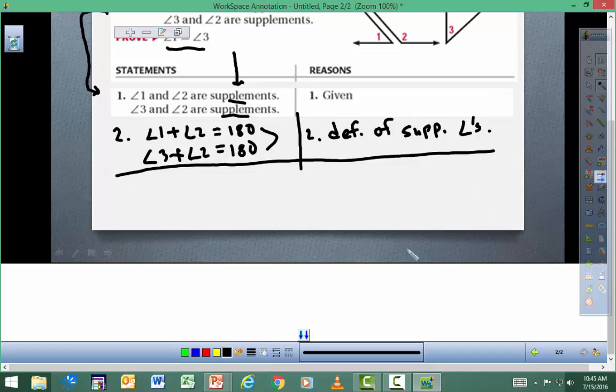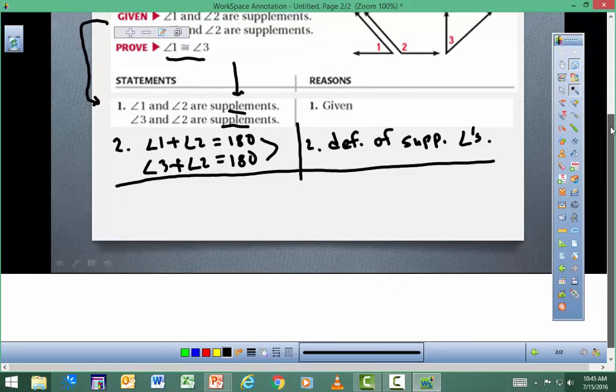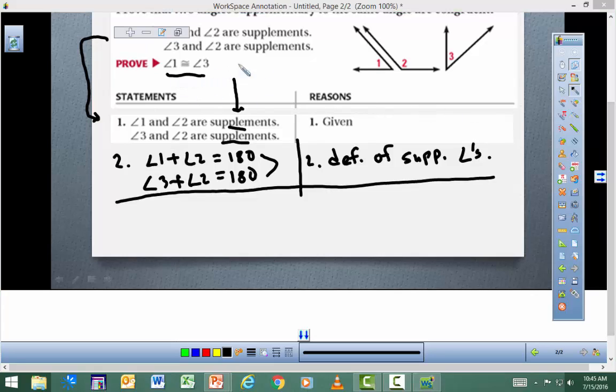Okay, now let's keep in mind, what is it that I'm trying to prove? I'm trying to prove that angles 1 and 3 are congruent. Well, so here's the idea. I see angles 1 and 2, I see 3 and 2, and they're both equal to 180.